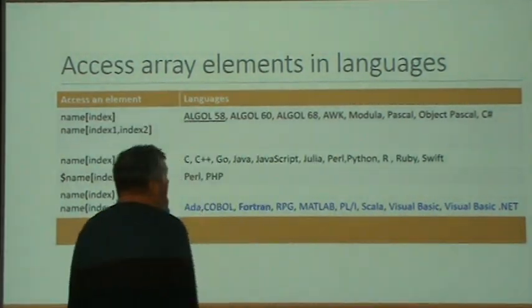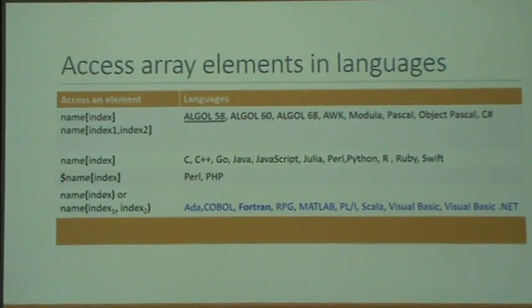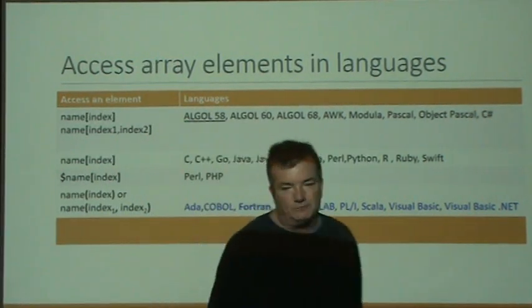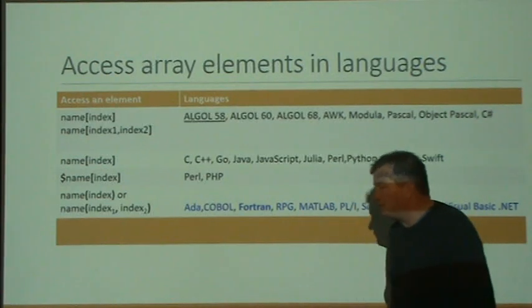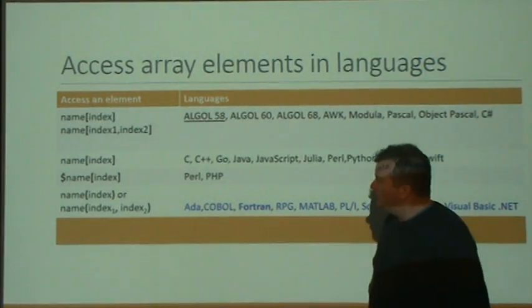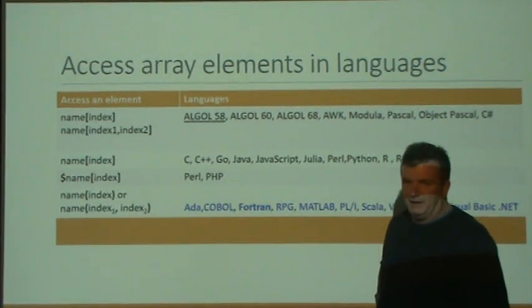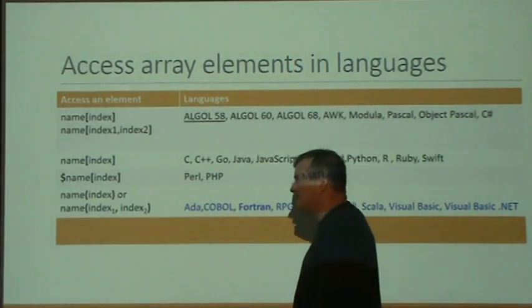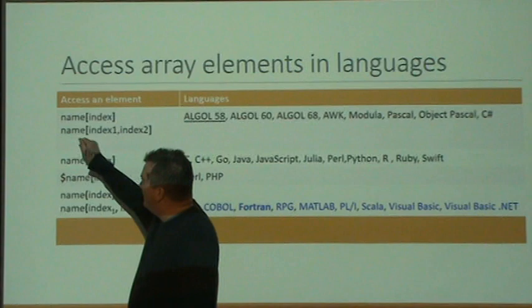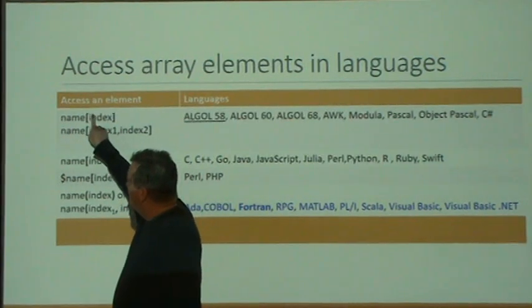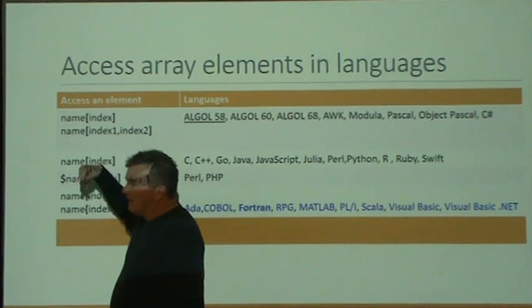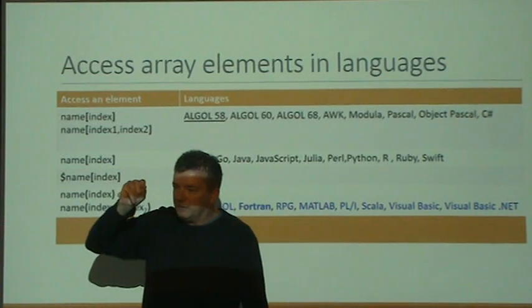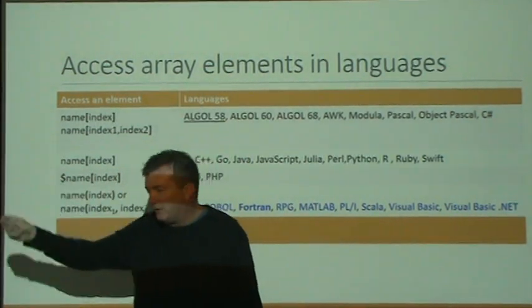Okay. So when you're going to access an array, we've been using pseudocode so far. Different programming languages do it different ways, but it's most common that you would say the name of the array, open bracket, and then the index, the thing identifying the location, how far into the array.